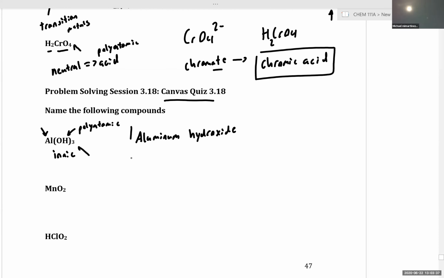So our full name is aluminum hydroxide. We do not have to worry about specifying the number of our polyatomic ion in an ionic compound, because in ionic compounds, the number of polyatomic ions is implied by the charge. Does that make sense to everyone?